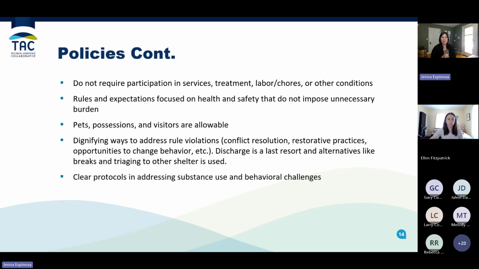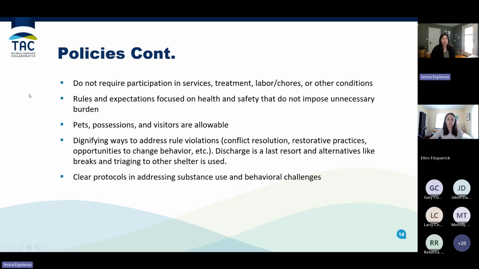But really, it's this idea that discharge from shelter is a last resort and you're trying to find alternatives like breaks or triaging to other shelter in instances where that is needed, but not wanting to discharge folks. And then very importantly, which we'll talk more about, is clear protocols in addressing substance use and behavior challenges as well.